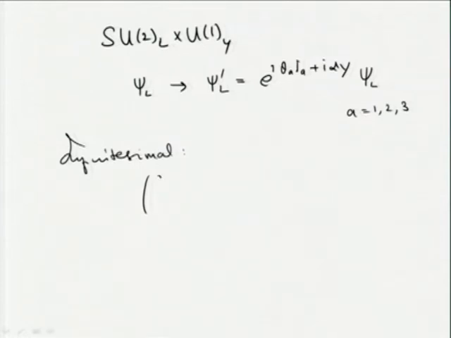So, let us say ν_L, e_L are the corresponding fields. The primed version of this is equal to 1 plus iθ^a I^a plus iα Y/2, sorry, here Y/2 is there. Again, the 1/2 for Y is a convention.